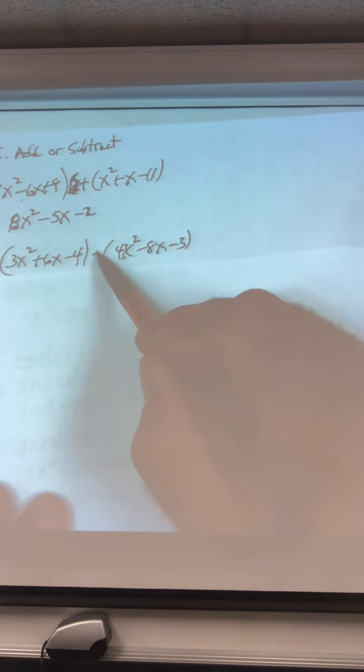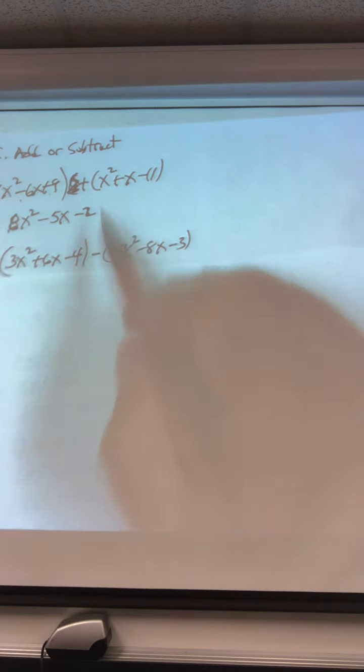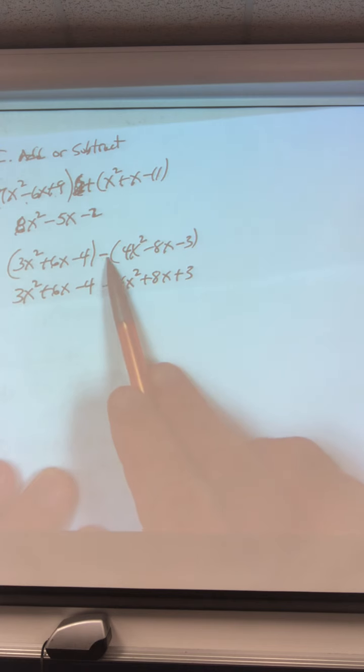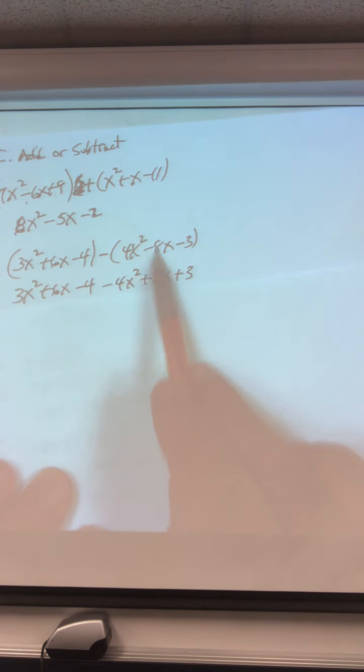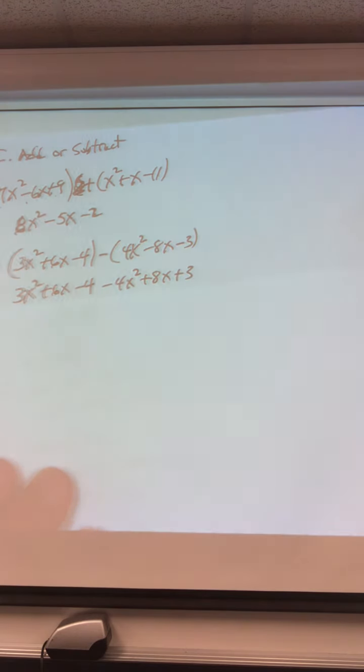So you have to distribute with this negative 1 first. You can't combine them here like you can up here. So there's an understood 1 here, so that won't change anything. But negative 1 times 4 is negative 4. Negative 1 times negative 8x is plus 8x. Negative 1 times negative 3 is plus 3.